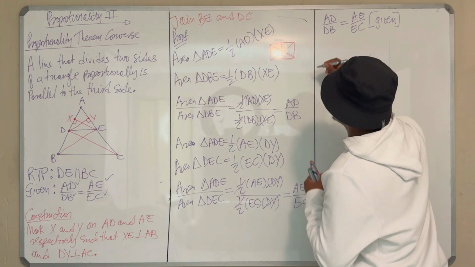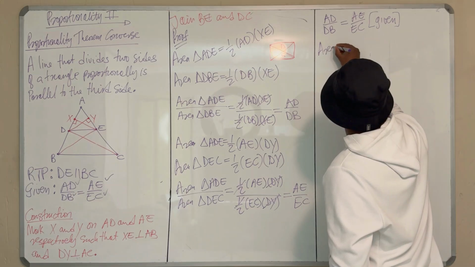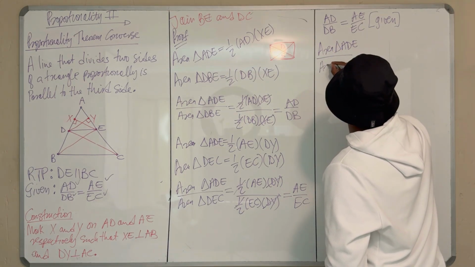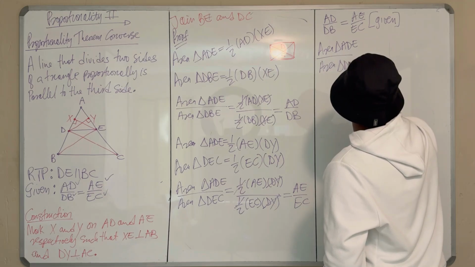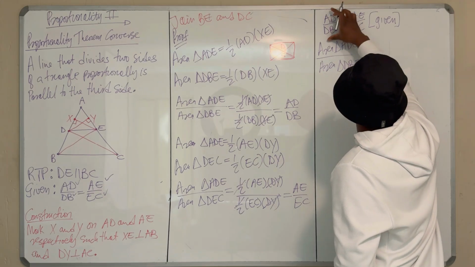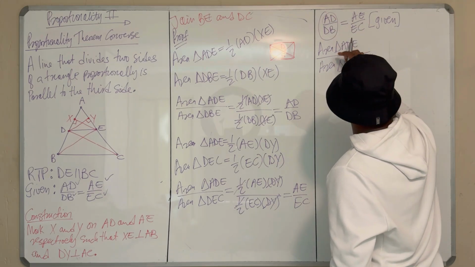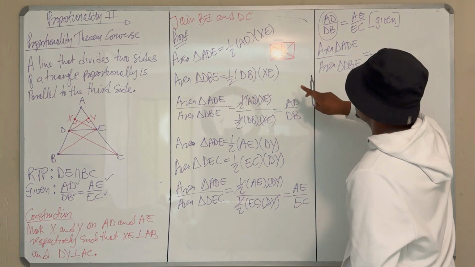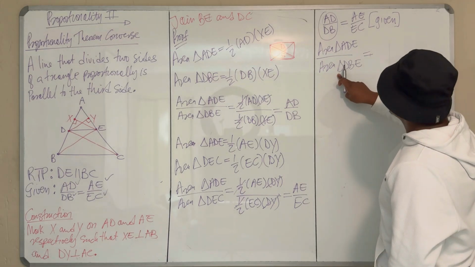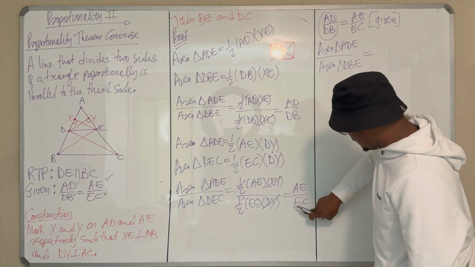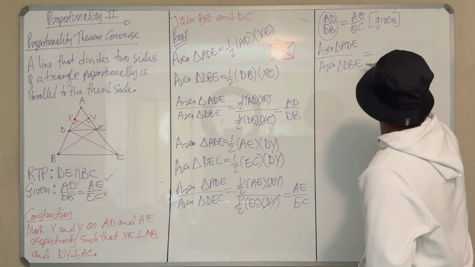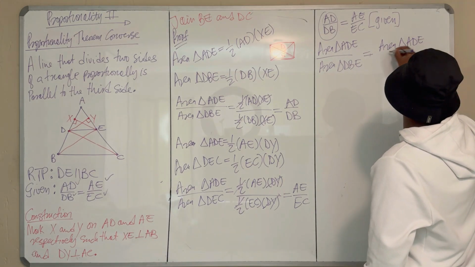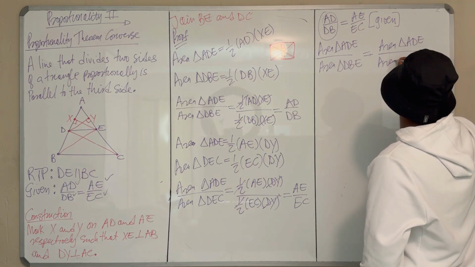So I can say the area of triangle ADE over the area of triangle DBE is equal to this. I just substituted this in the place of this. In a similar way, this is equal to this, which is equal to the area of triangle ADE over the area of triangle DEC.